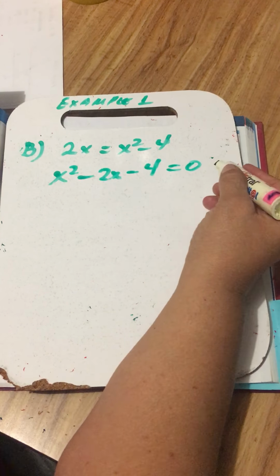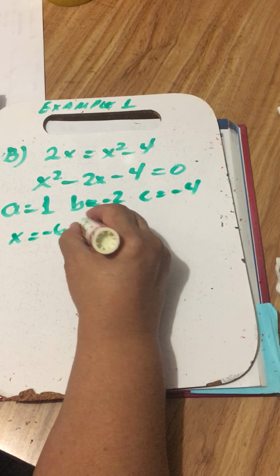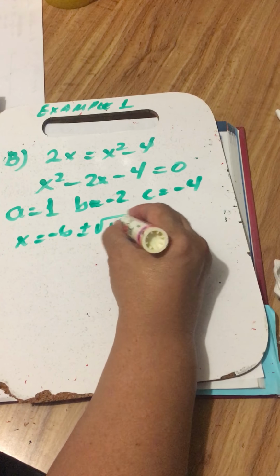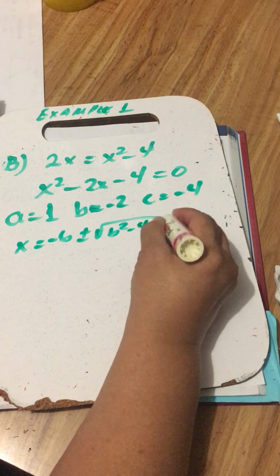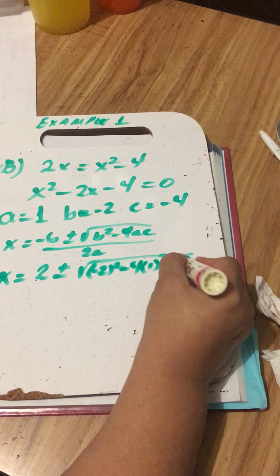Then remember the quadratic formula, x equals minus b plus or minus the square root of b squared minus 4ac, divided by 2a. Substitute the values, then I put x equals minus minus 2, I obtain positive 2. Then plus or minus the root of minus 2 squared minus 4 times a is 1 and c is minus 4.